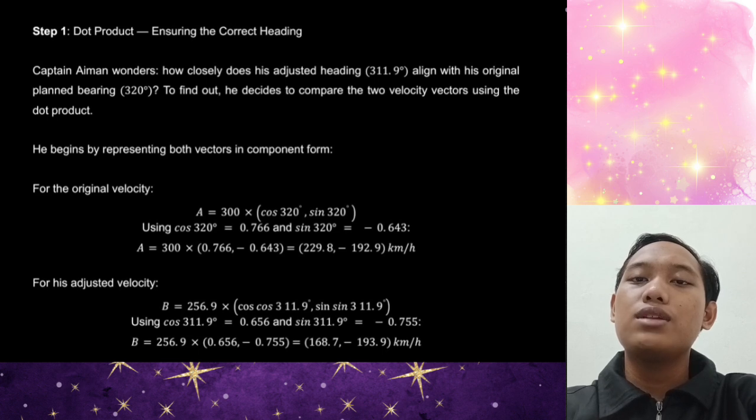B equals 256.9 times (0.656, negative 0.755), which equals (168.7, negative 193.9) km per hour.